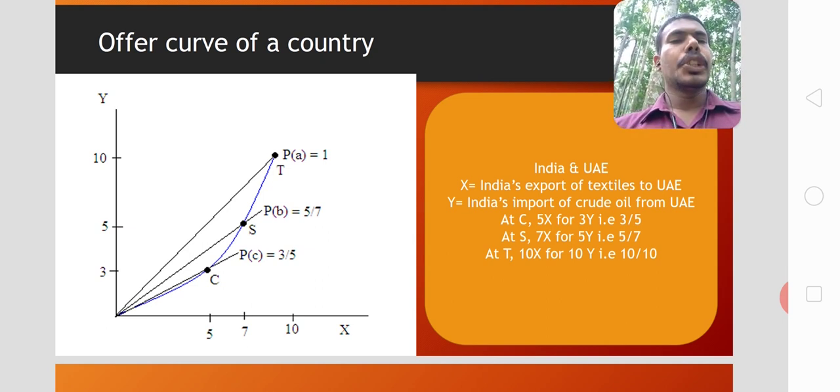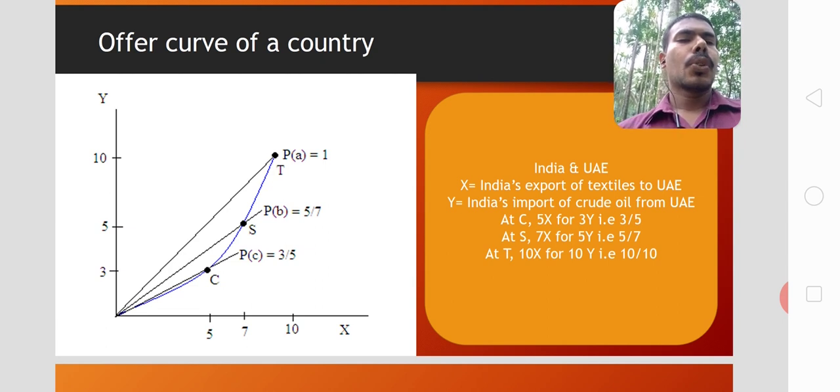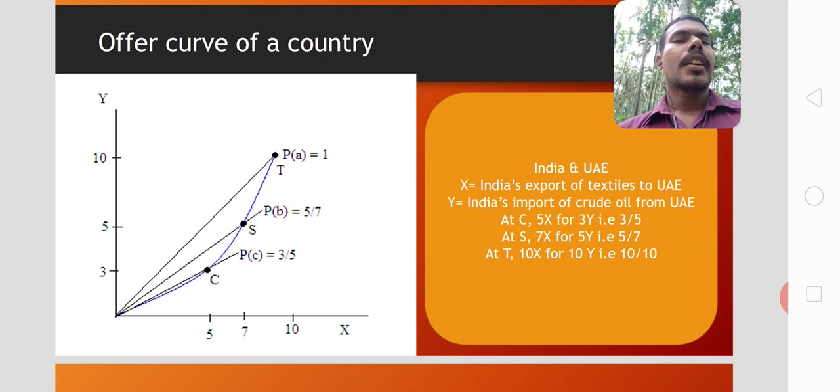That means the ratio is 3 by 5. 3 and 5 are in fact the quantities, not the export price and import price, but the commodities being exported and imported mutually by India and the United Arab Emirates at a single level of price.